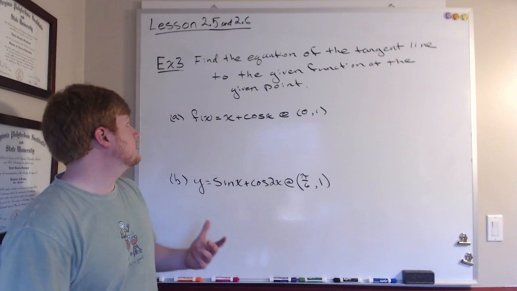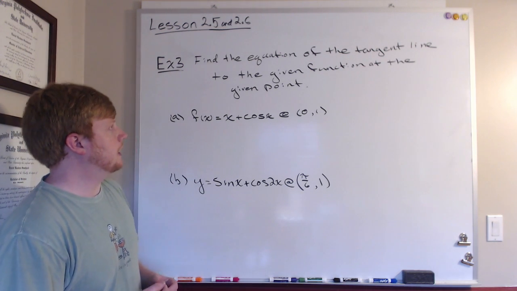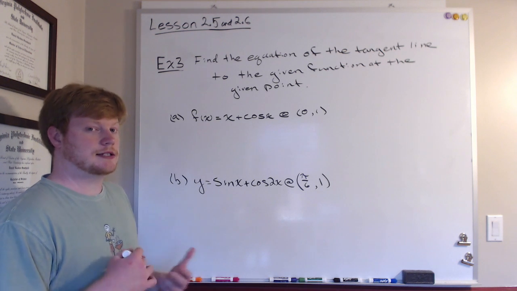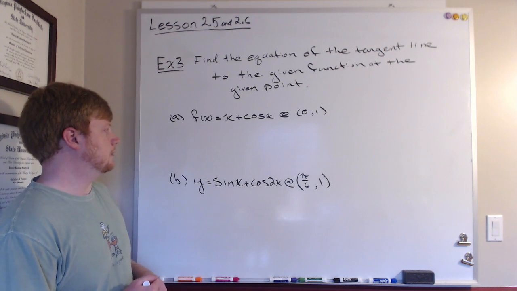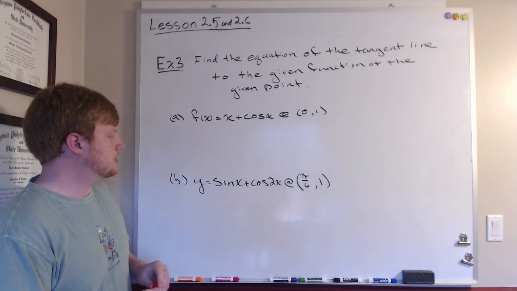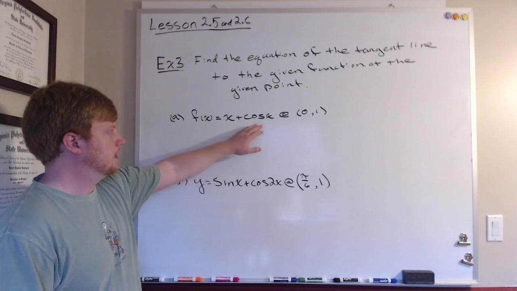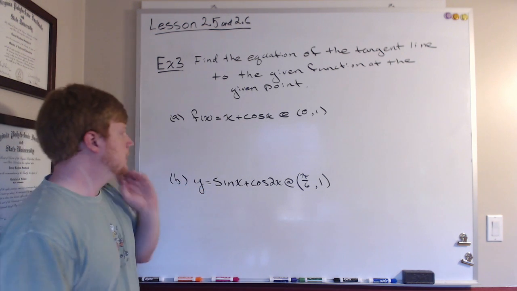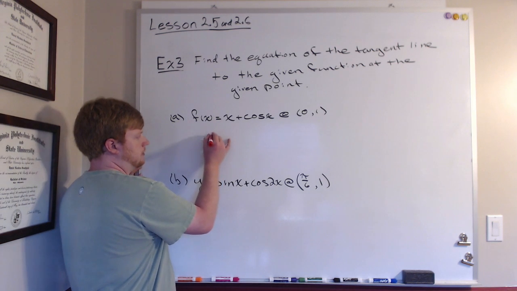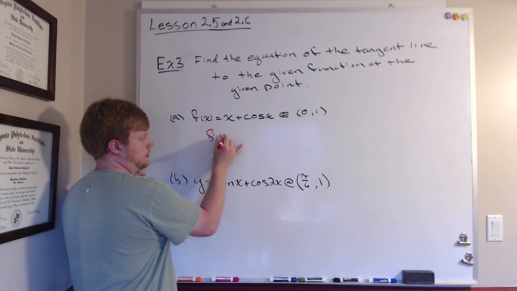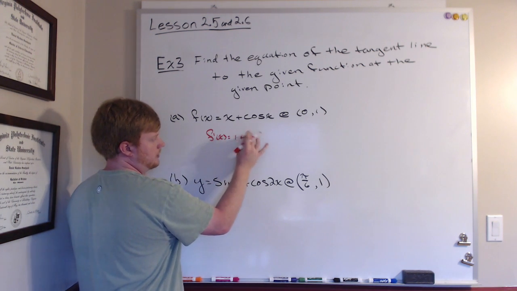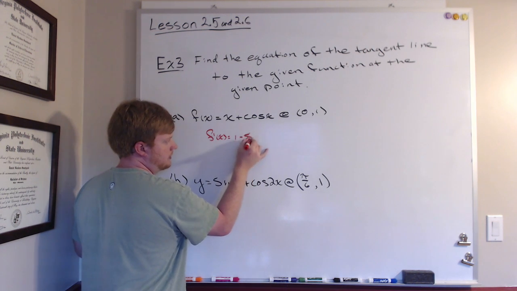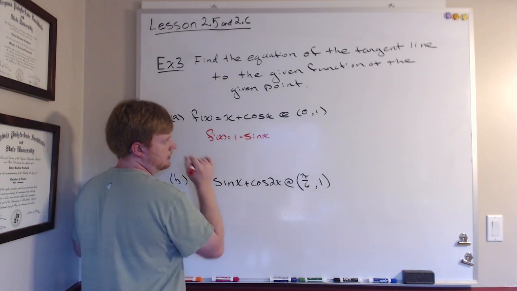Alright, so in this example, we're asked to write the equation of a line tangent to the curve at a given point. So we did this in the last video, but this time we're just introducing some ideas of trig and some chain rule. So the first thing I need is the derivative, which in this case is 1 plus negative sine x. So we'll make that a minus sine x.